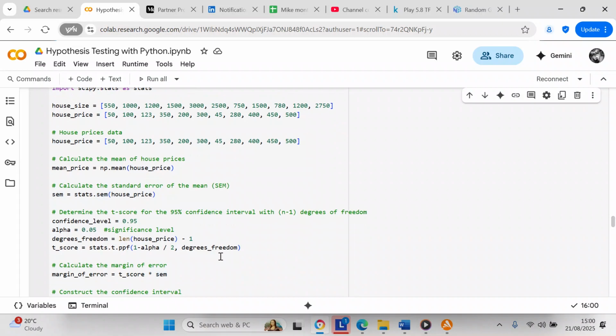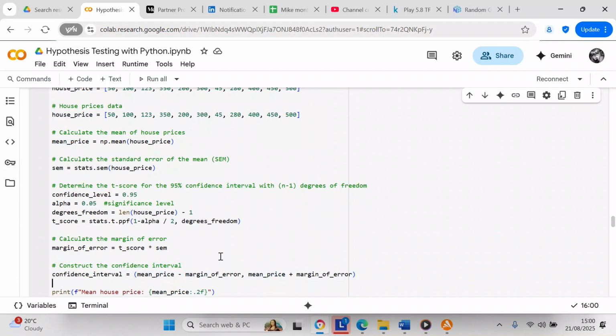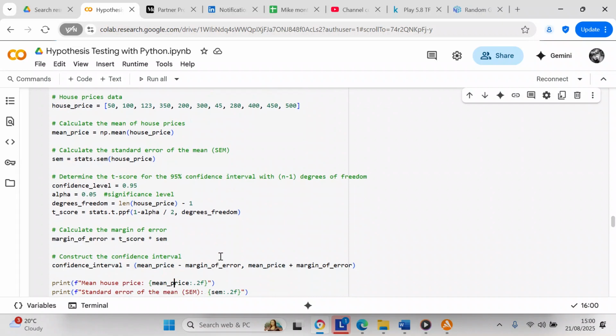So we're going to calculate the margin of error. Margin of error equals t-score times the standard error. And then we're going to compute the confidence interval. So the confidence interval equals your mean price minus your margin of error, comma, mean price plus margin of error.